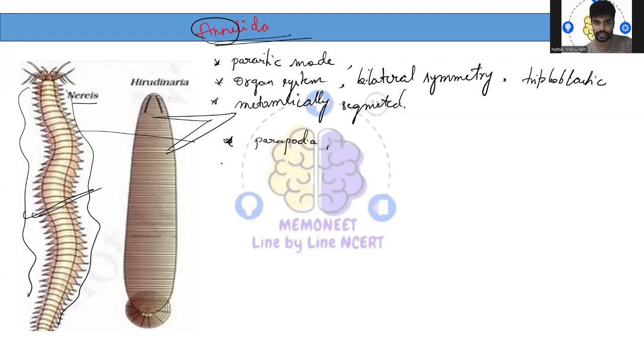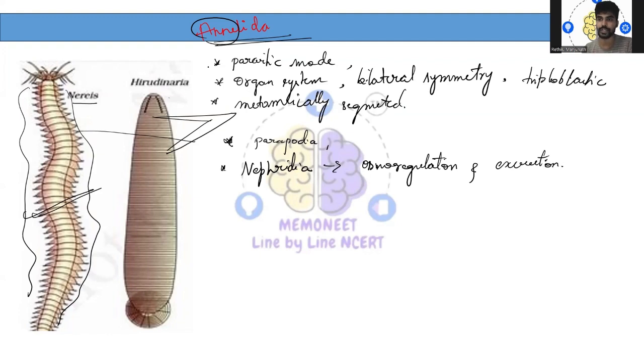Then there is another structure called nephridia, or nephridium if it is singular. What is this nephridia? It helps in osmoregulation and excretion, right?